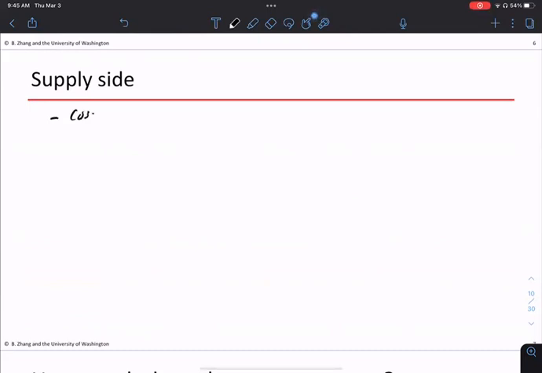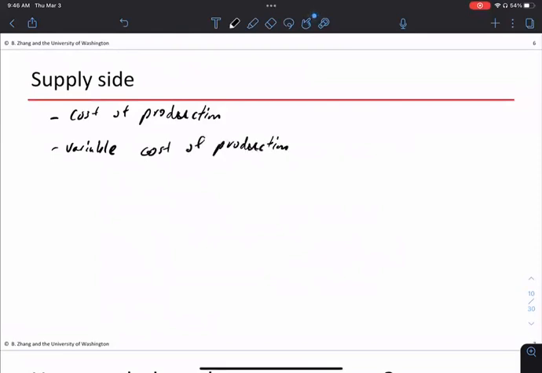So this is the cost of production. Okay, so this is called a variable cost of production, because it's also a function of the quantity versus price.